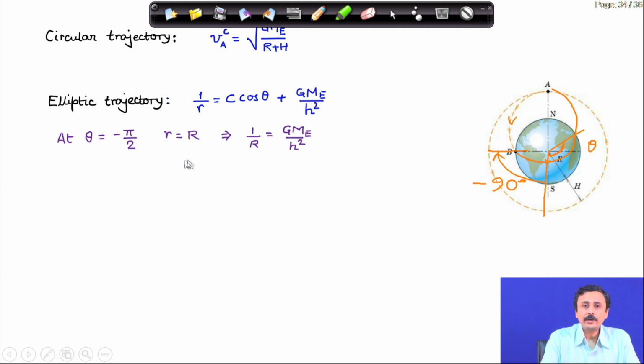must be the radius of the earth. And that is at theta equal to minus pi by 2. Just put theta as minus pi by 2 in the kinetic solution; cos of minus pi by 2 is 0. Therefore, 1 over the radius of the earth must be G M, mass of the earth, by h square.